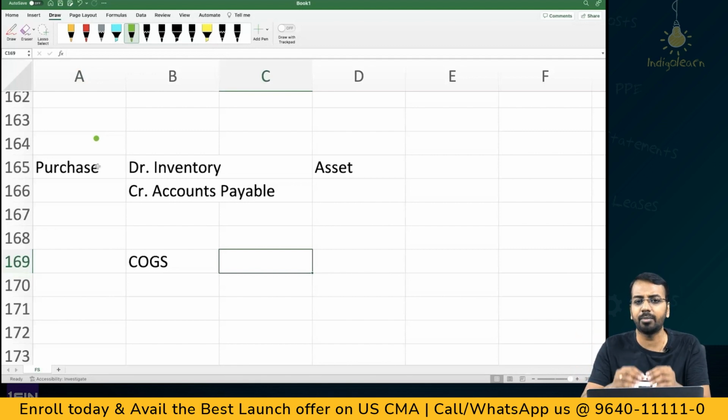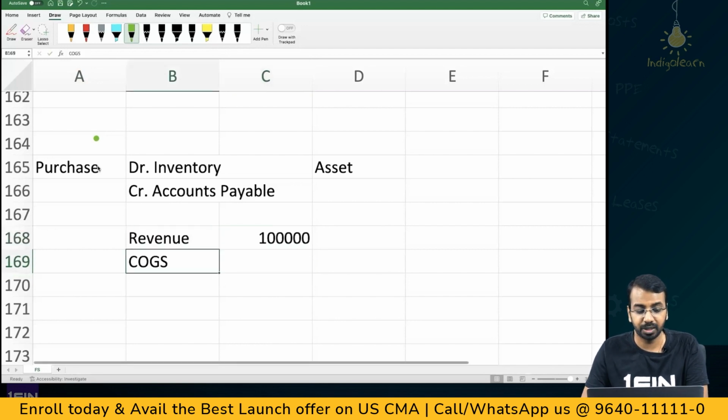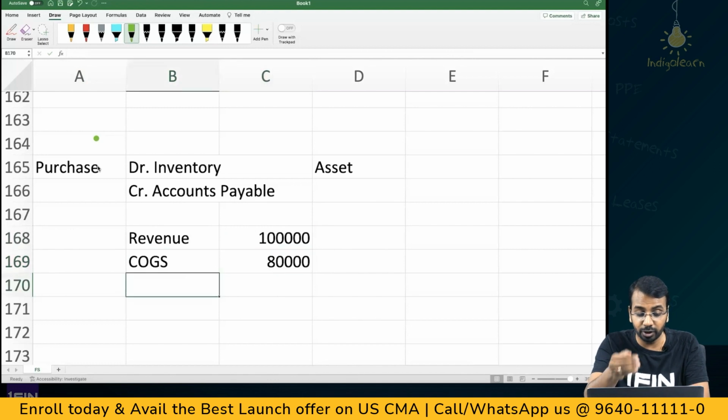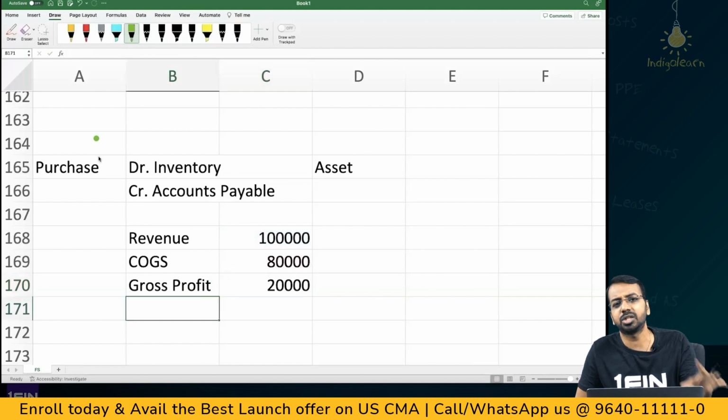I may sell it for some amount. Let us say revenue is 100,000. I also need to determine what is the cost of this mobile that I'm selling. That is what is called cost of goods sold. So this may be 80,000. So revenue minus cost of goods sold gives what I call gross profit, which is 1 lakh minus 80,000.